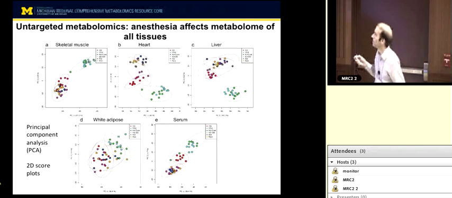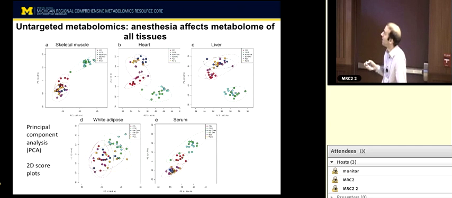You look at the other tissues and we see a different degree of separation, but we see a similar profile. We see CO2 and isoflurane overdose grouped together. We see cervical dislocation somewhere in the middle, and then the modes of anesthesia grouping closer to one another. Ketamine tended to be the one that was closer to the CO2.